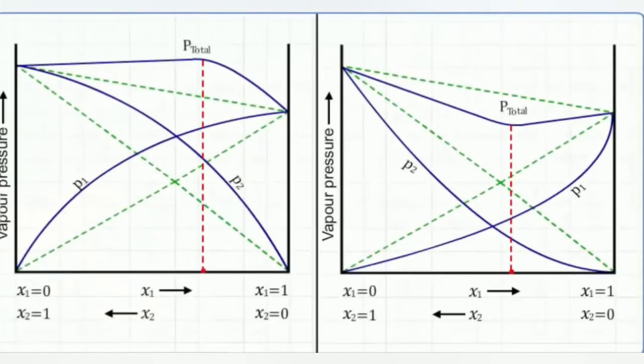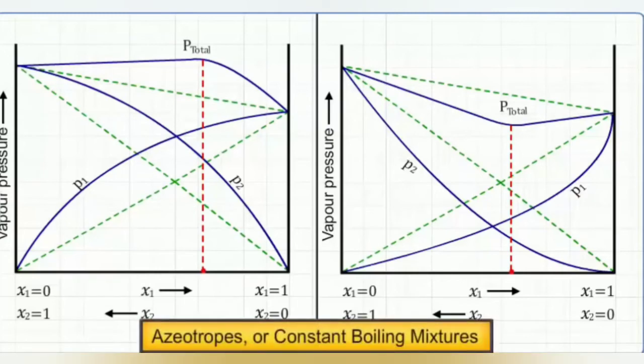A detailed look at the two graphs shows that there are some large deviations from ideal behavior at specific compositions. These very large deviations from ideal behavior form a special class of mixtures known as azeotropes or constant boiling mixtures.